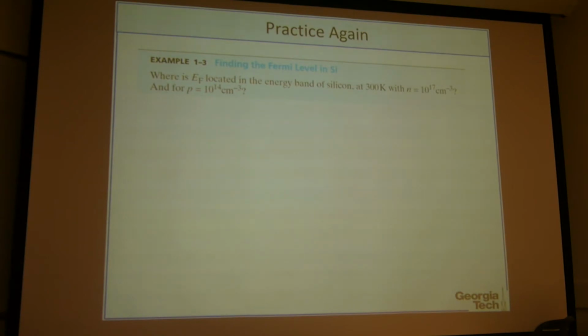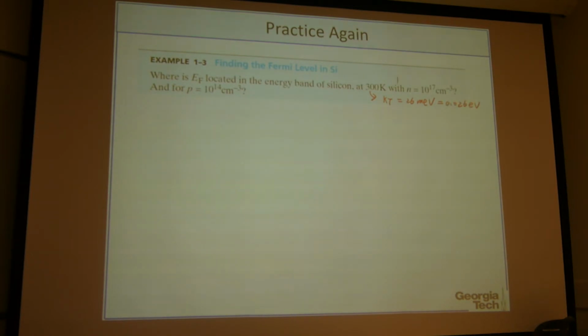Alright, so this is a practice again, and I will give you a few minutes. You can do this by yourself. And this is similar to the previous example. Ask where the EF is in the energy band of silicon at room temperature 300 K, which will give you kT equal to 26 milli eV, which is 0.026 eV.